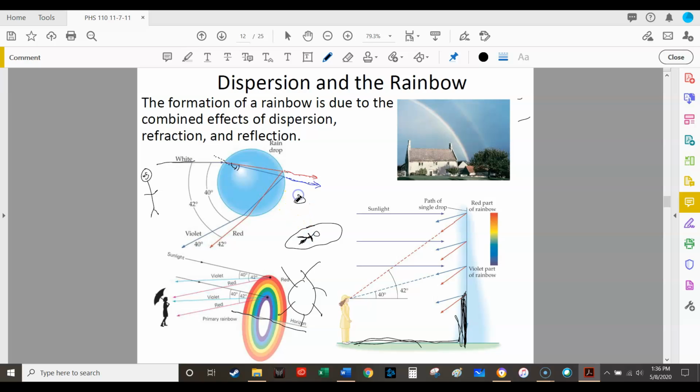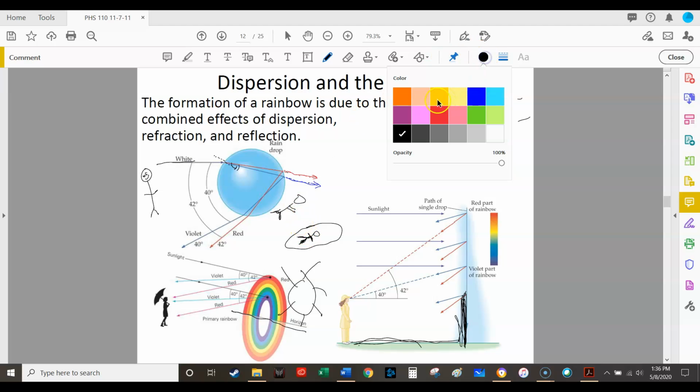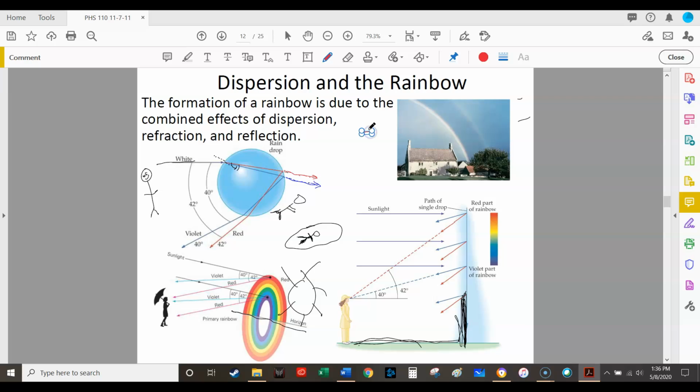And you're flying above here, and you should see the rainbow. I'm going to try to do my best to draw it. So you should see red out here, and then you should see blue at the center of that. And I'm going to try to draw blue over that.